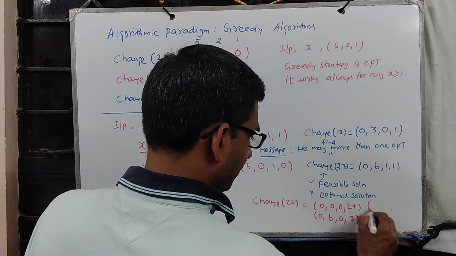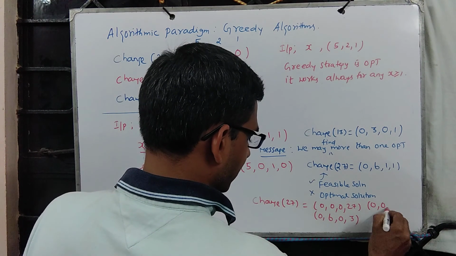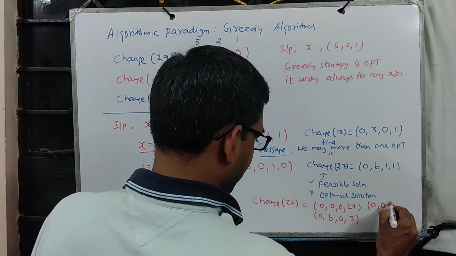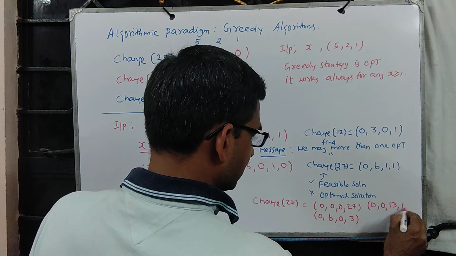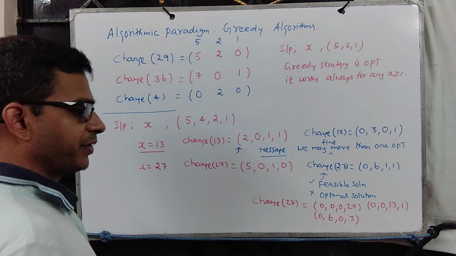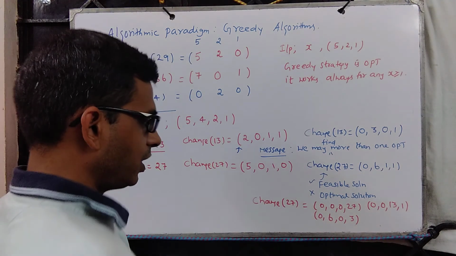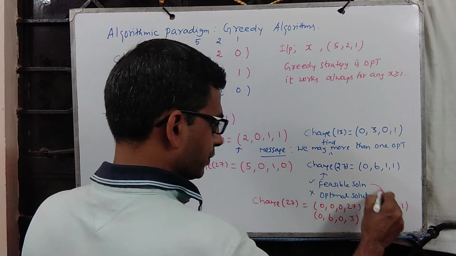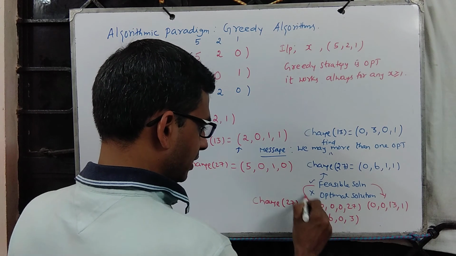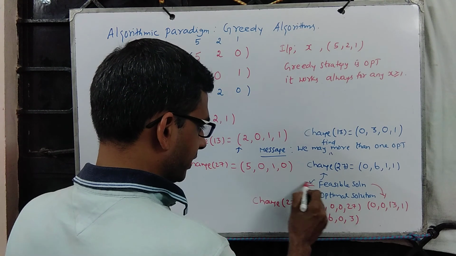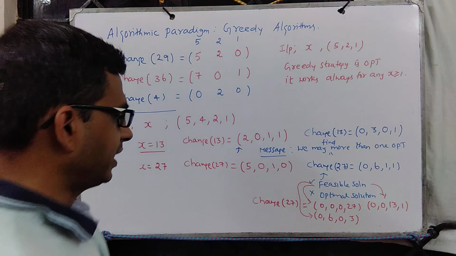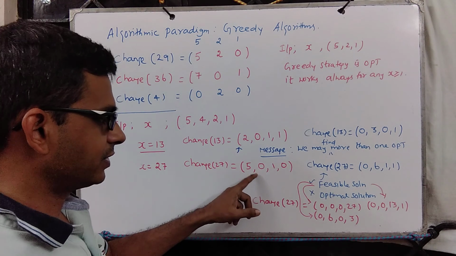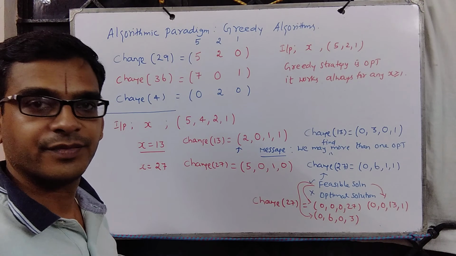Or we may give something like thirteen 2 rupee coins and one 1 rupee coin. So all of them are feasible solutions, but none of them are optimal. The reason is the number of coins used is more than what we see over here. Fine.